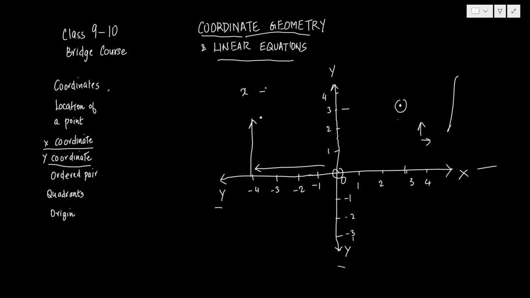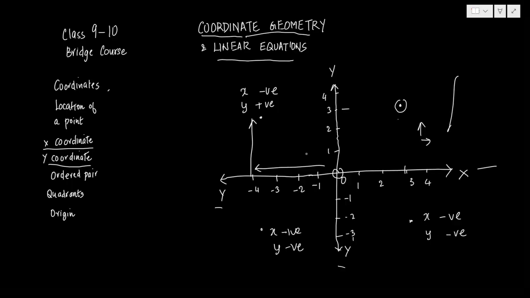So x is negative, y is positive. If you take any point here, the value of x is negative. The value of y is also negative. And here, I take a point here, the value of x is negative, y is also negative.